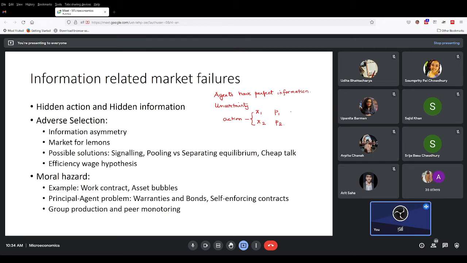So here we have some problem. We can also have situations where both producers and consumers do not have complete information.